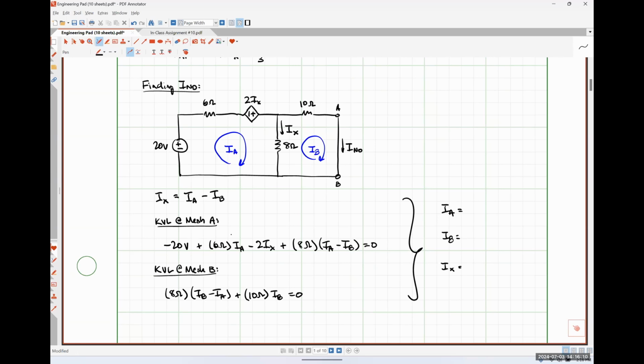And when I solve this system, I get 15/7 of an amp for IA, 20/21 of an amp for IB, and 25/21 amps for IX.